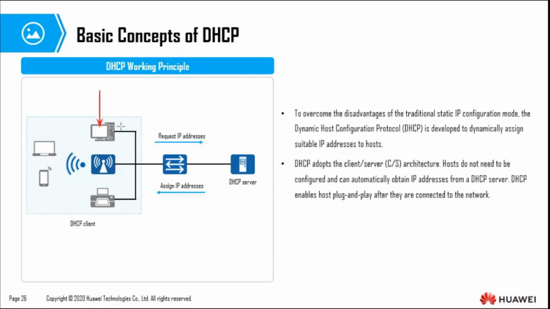A gratuitous ARP is just like any other ARP, only that its specific purpose is to find out if anyone else is using that IP address on the network. So we've configured 192.168.1.2. This guy is going to send out a broadcast ARP packet asking, hey, who has 192.168.1.2?